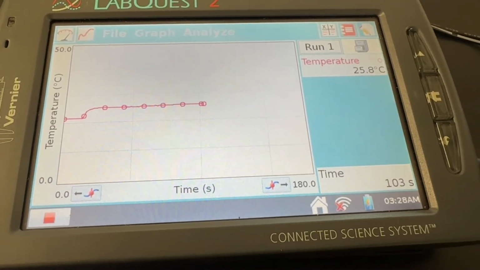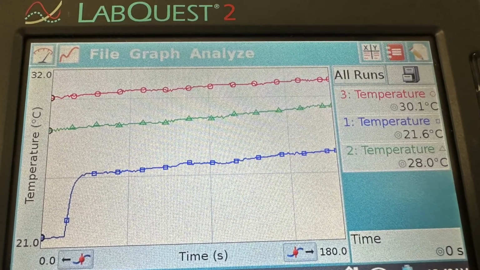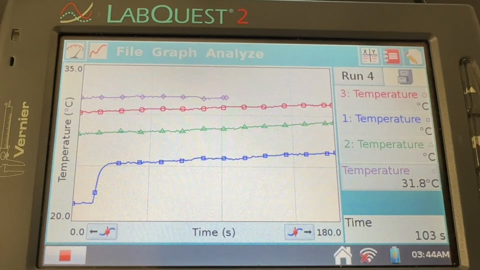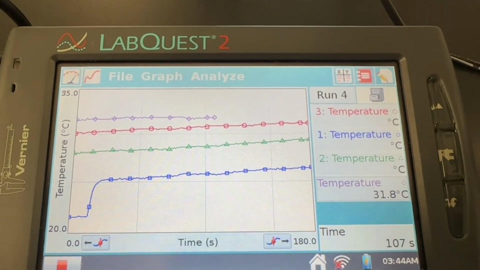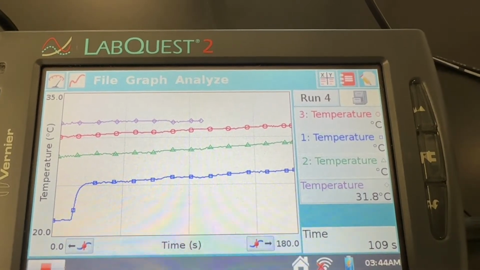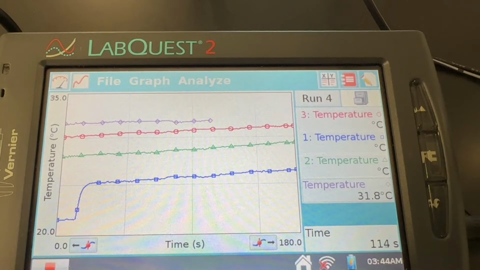And eventually here we get some data points at the end of our reaction, rather. And we get a final temperature of about 31.9 degrees Celsius. Each color of graph there denotes 3 minutes.